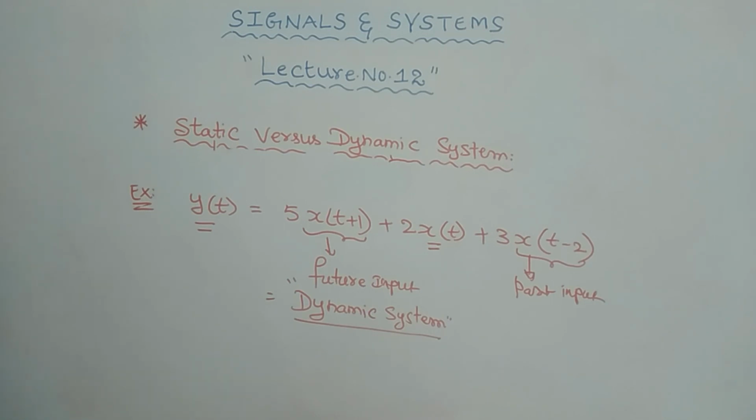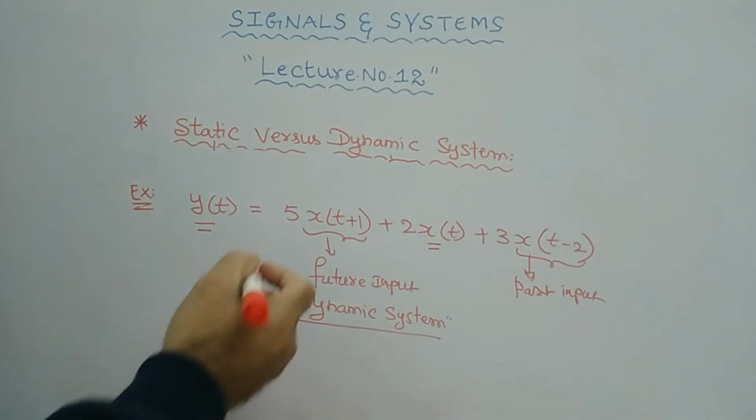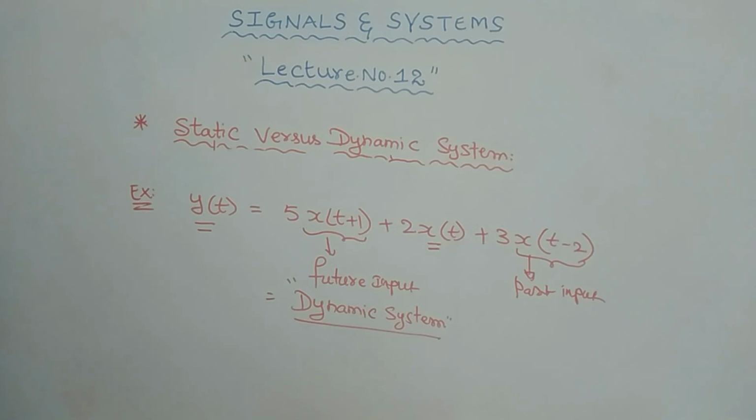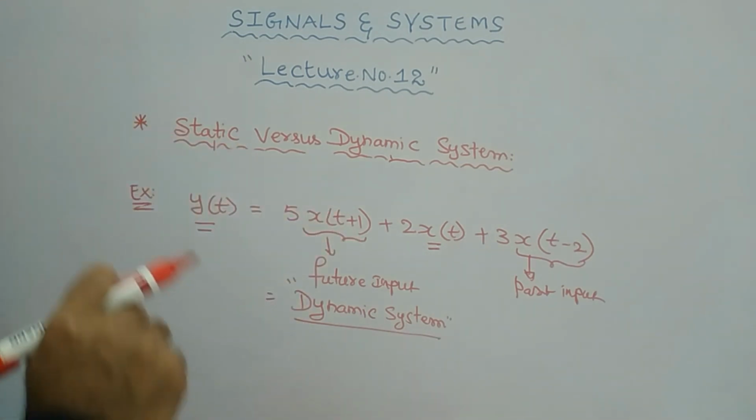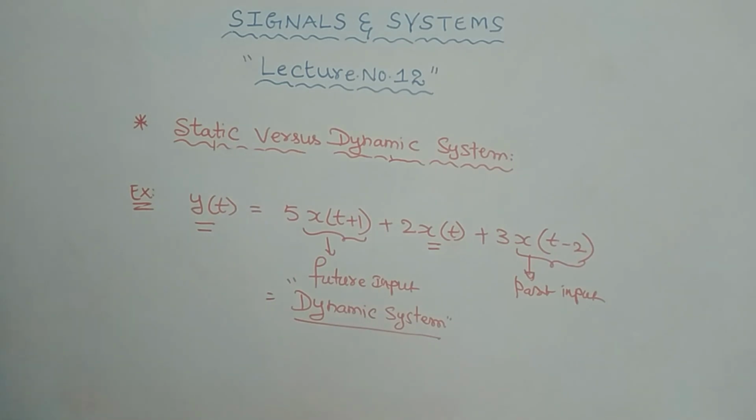In paper 2 of your preliminary examination of IES, on day 1, you are going to attempt questions from all 12 subjects, out of which signals and systems is also there. Therefore, you can expect this type of expression, and they will ask whether it is static or dynamic.